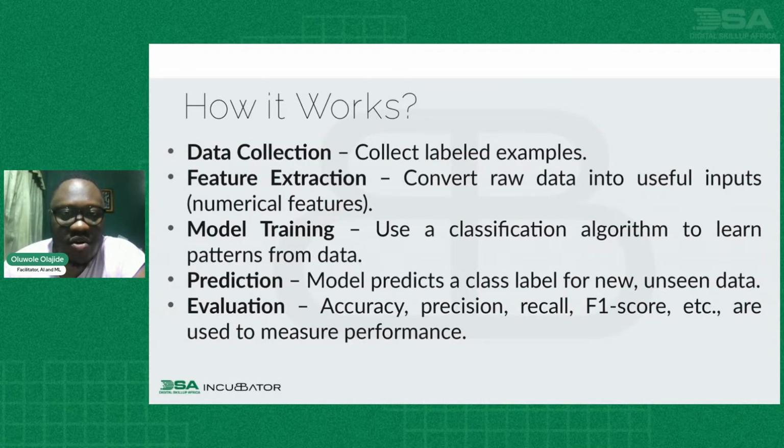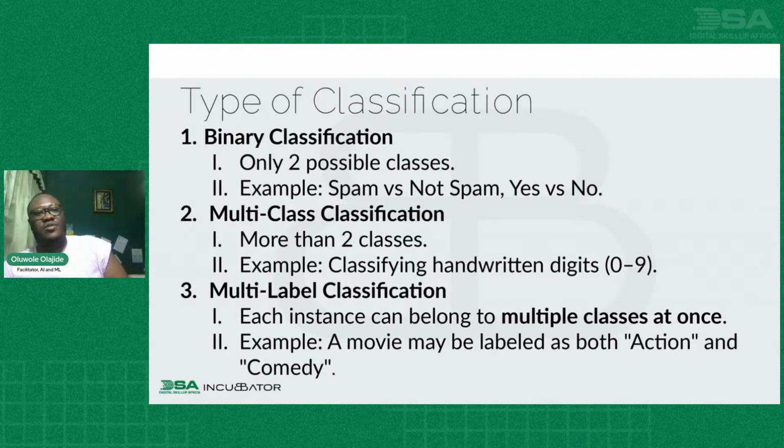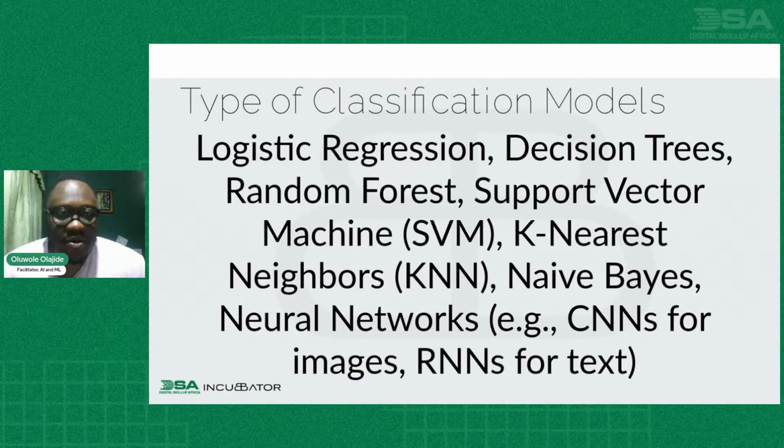Then how does it work? You collect your data, you do your feature extraction, which is converting the raw data into useful inputs. Then model training, you carry out your prediction and evaluation. Then I talked about types of classification. You have binary, multi-class, and multi-label.